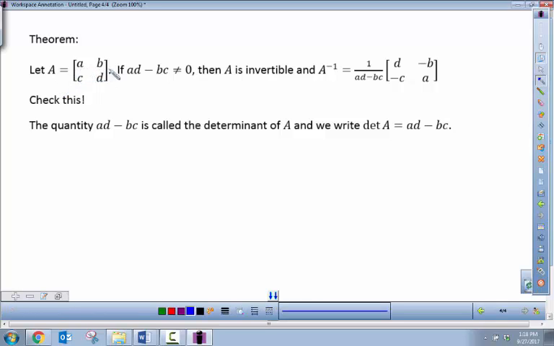If your matrix is A, B, C, D, and assuming that AD minus BC doesn't equal 0, then your inverse is going to be a constant 1 over AD minus BC times a modified matrix. It turns out that you switch the diagonals and then you put a negative in front of the wings.